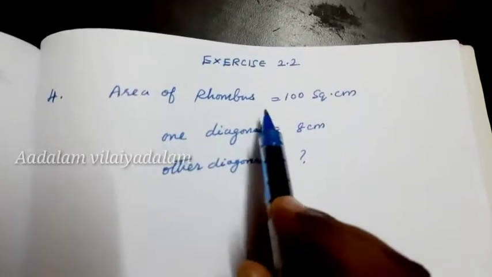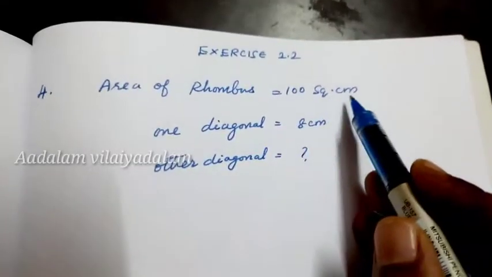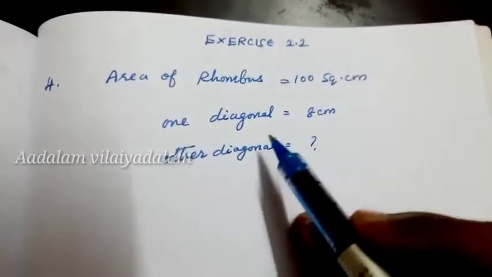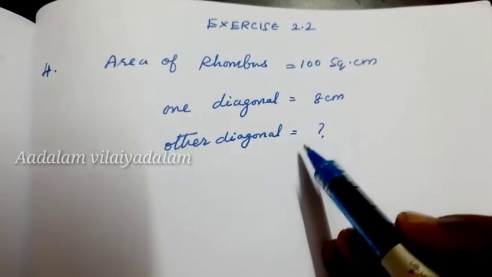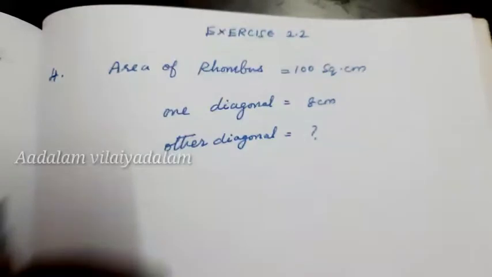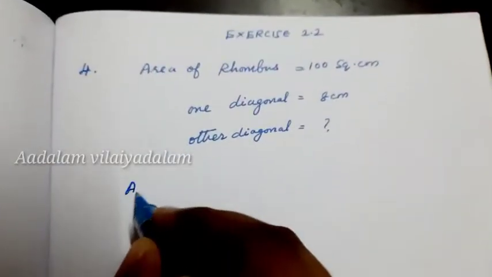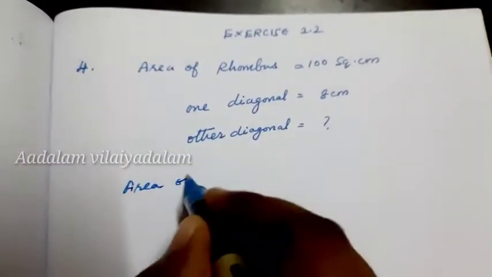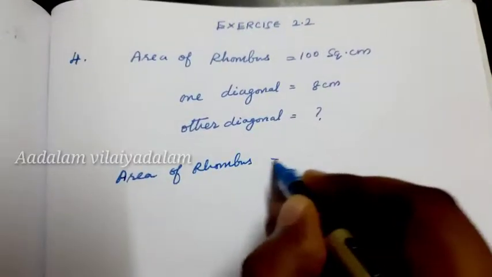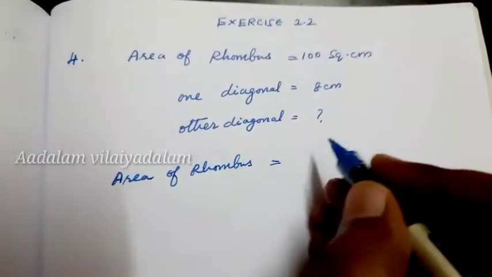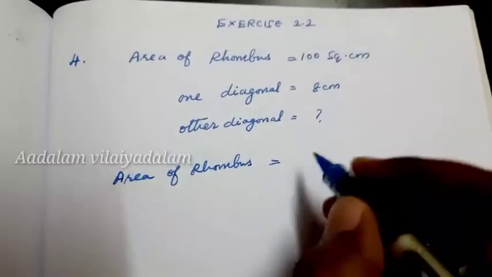Here the area of rhombus is given 100 square centimeter and one diagonal is given 8 centimeter and the other diagonal they are asking us to find. Okay, now let's go for the formula. Let us substitute these values and we can find the other diagonal like the previous sums.